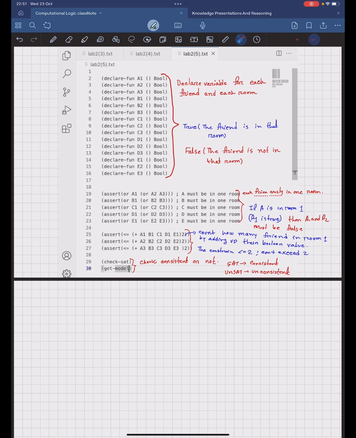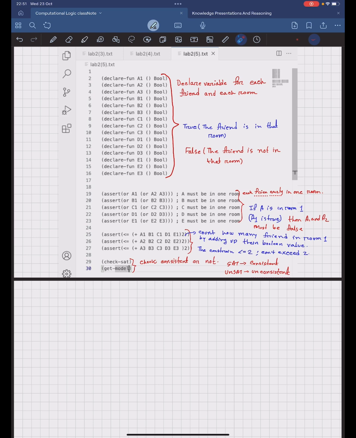It is the same for your B friend, your C friend, D friend and E friend. So they have to choose at least one room for themselves. So this would be the conditions. Okay, so we have to ensure that each friend chooses at least one room.